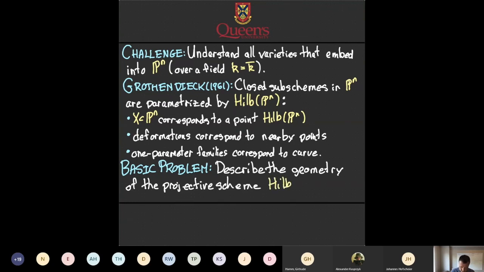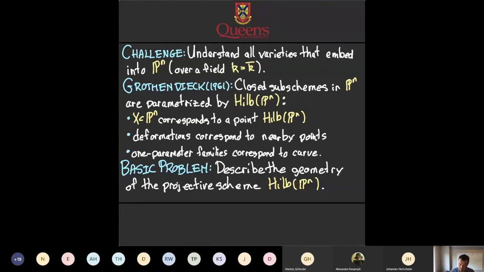This is sort of a common miracle in algebraic geometry: if you take a collection of objects you want to understand, they can often be classified by another geometric object in the same category, which is really quite nice and amusing.